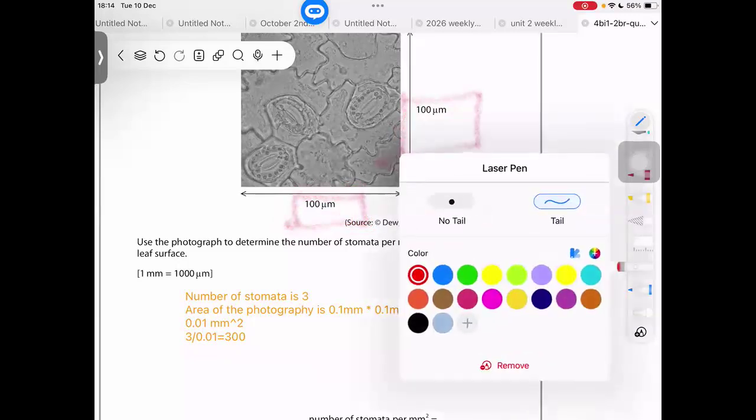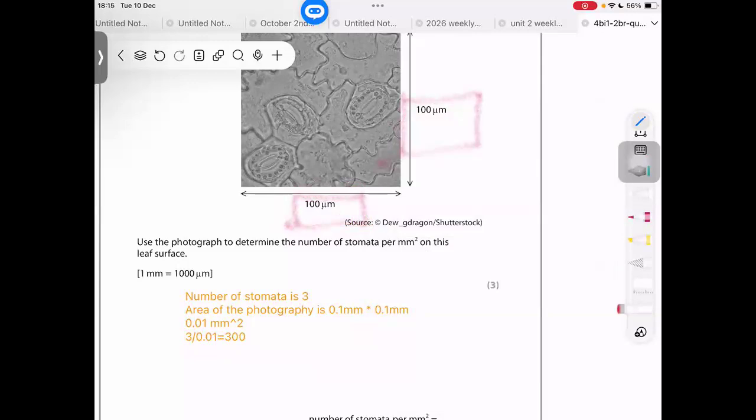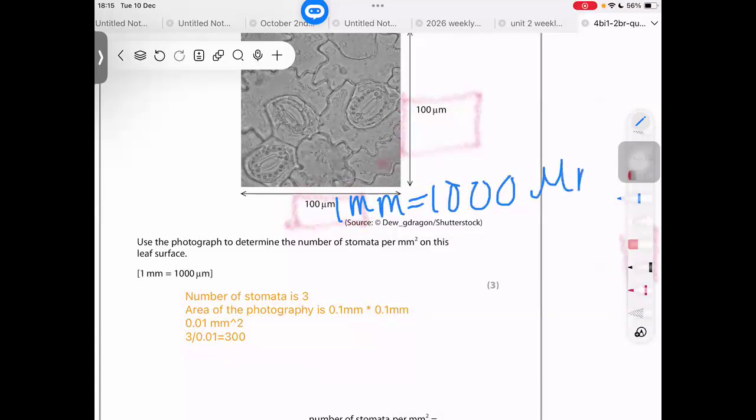So you can see 100 micrometers converted into millimeters. Let's do it. 1 millimeter is equal to 1000 micrometers. So 100 micrometers means 0.1 millimeters.